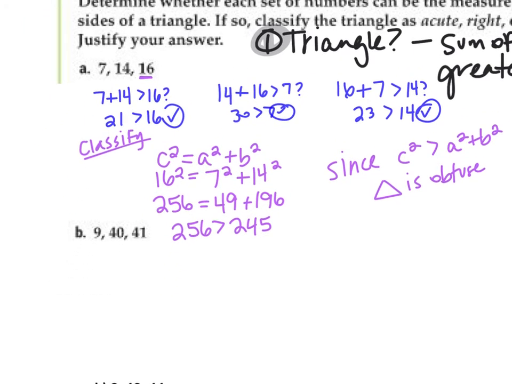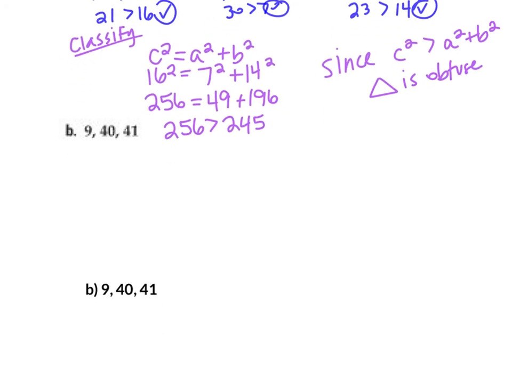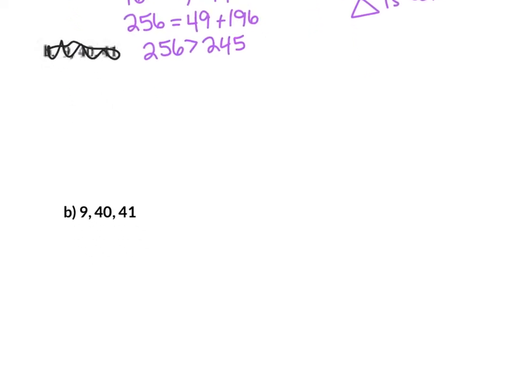Okay, so let's look at this last example. We're going to do the same thing. I don't know why the example's on there twice, my bad. So let's try this last one. We have 9, 40, and 41. Again, first we need to check: is it a triangle? Look at your two smallest sides first. 9 plus 40, is that greater than 41? Yes.